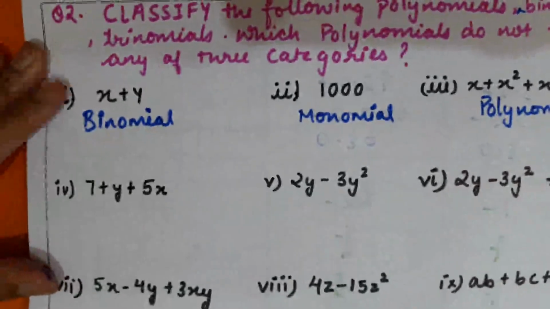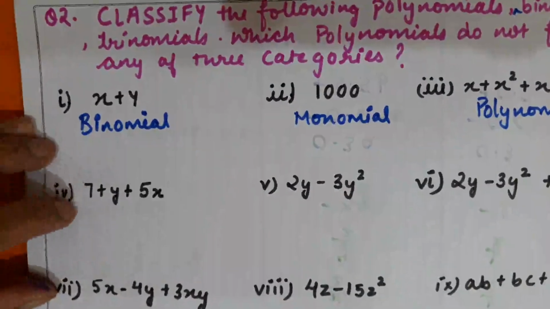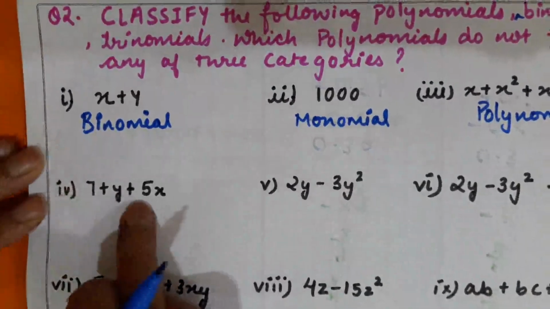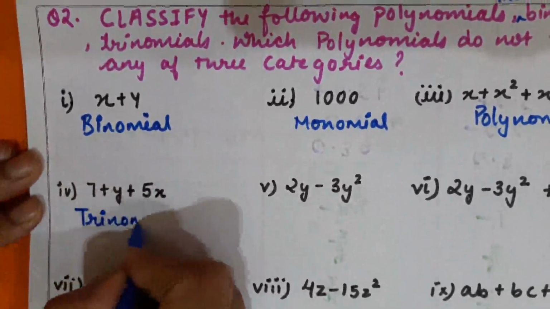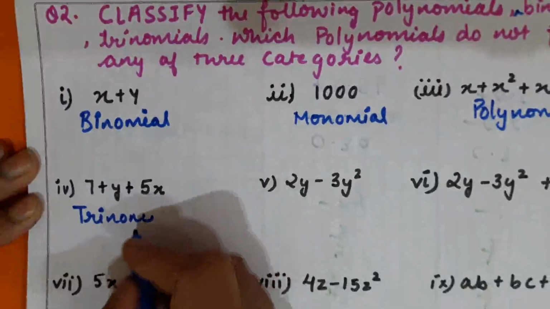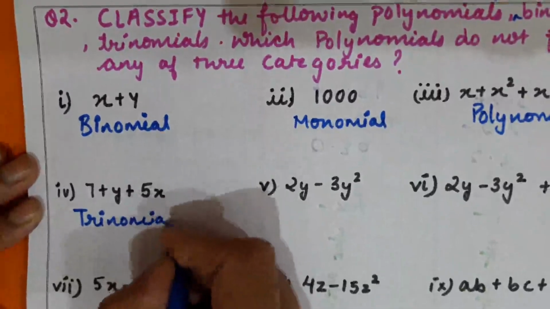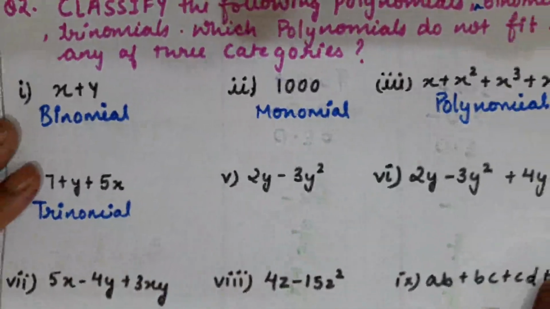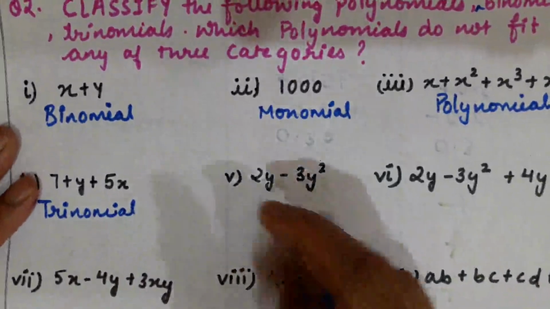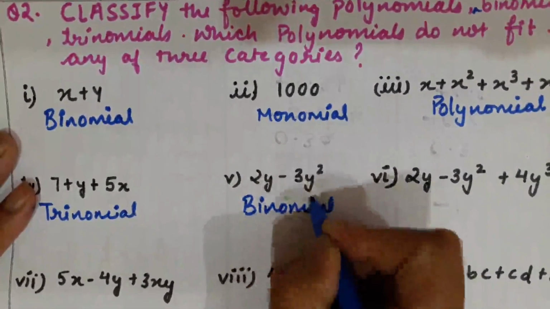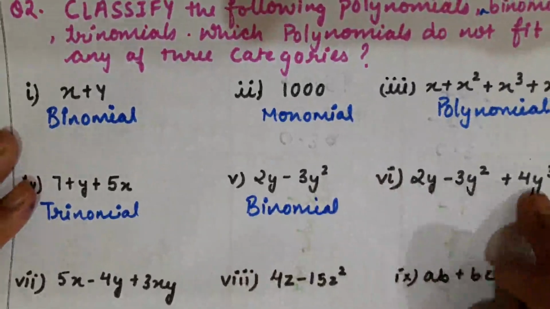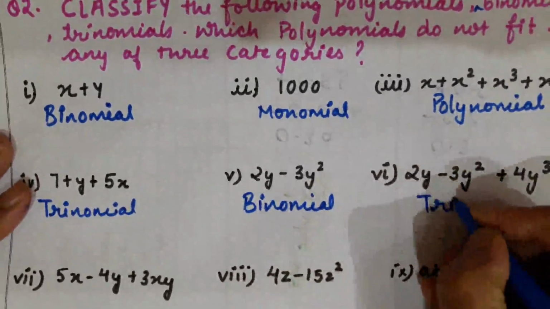Okay, let's move to the fourth part. 1, 2, 3, 3 terms are there. So this is the example of trinomial. Now next is 2y minus 3y square, 2 terms are there, binomial. Now 1, 2, 3, 3 terms are there, so trinomial.